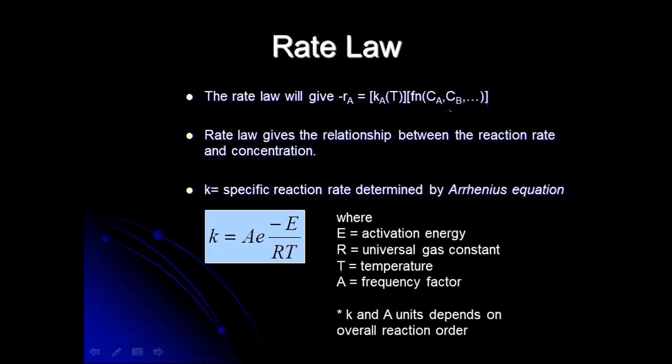These concentration terms are raised to an exponent which tells you the order of the reaction if the reaction is elementary. If it's not, it has no bearing as to what numbers these concentration terms are raised to. We will go to that in detail later. But we will just focus on the specific reaction rate, or simply the reaction rate constant, and that is K.